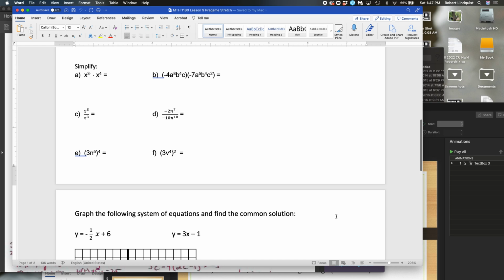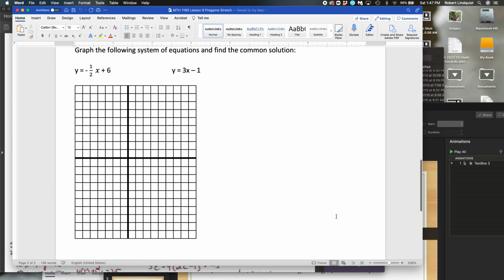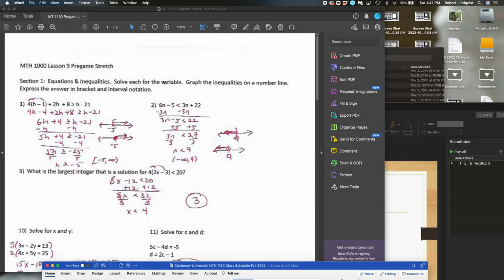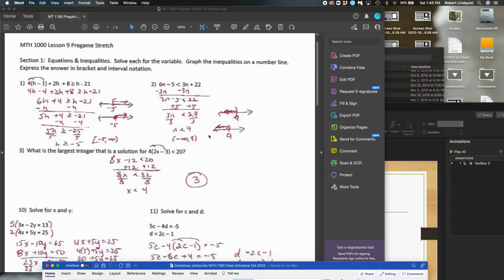Get a snapshot, graph, and get a snapshot. All right, and then you just go through these, wherever you stop and start the videos, and get those questions done. And then here are the correct answers to the pregame stretch.